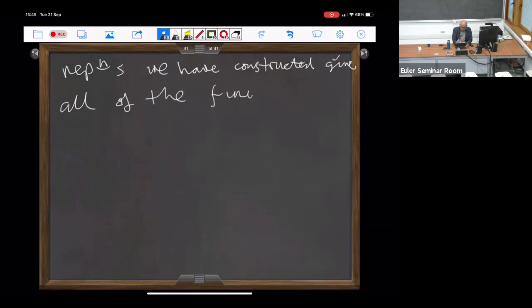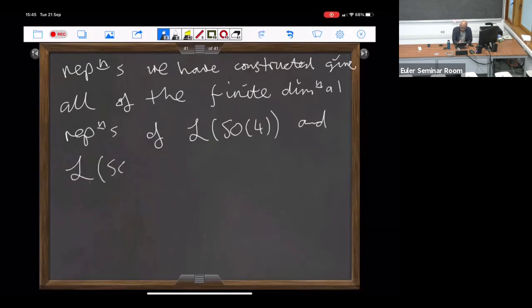The representations we have constructed give all of the finite dimensional representations of the two algebras and groups of interest.